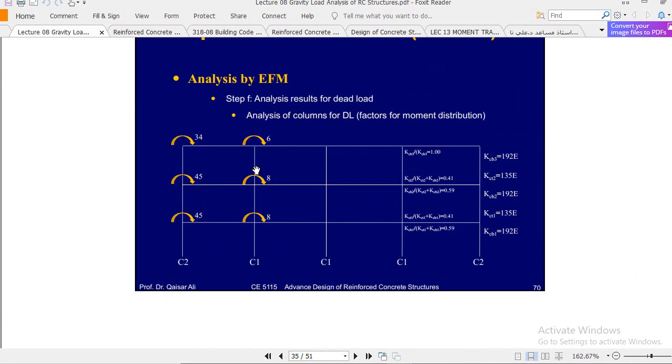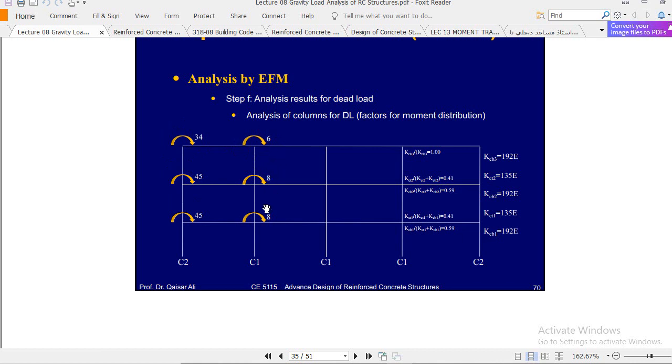So this is the advantage of using the equivalent frame method, because it gives you the unbalanced moment directly. These moments you see here are called unbalanced moments. Why we call them unbalanced, I will explain at a later stage.